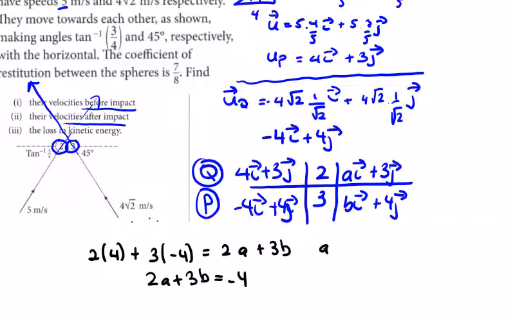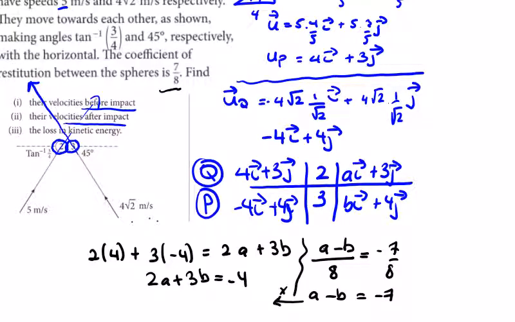And then we're going to have a minus b over 4 minus 4, over 8 you can just call it, is equal to minus e, and we're told e here is 7 over 8, so minus 7 over 8. We can multiply both sides by 8 to get a minus b equals minus 7. So multiplying this one by 3, we get 3a minus 3b equals minus 21.